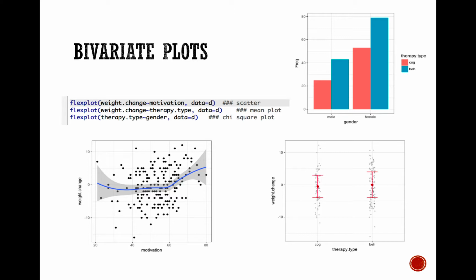If you want to do a scatter plot, which is the bottom left, that would be FLEXPLOT weight.change tilde motivation. The function already knows how to do these things. And of course, my favorite way of plotting categorical variables, bottom right, is, again, the exact same notation. It's very similar to uni.plot, except you don't have to surround it in parentheses and that sort of thing. You just write it as a formula. So, wicked awesome. Am I right?